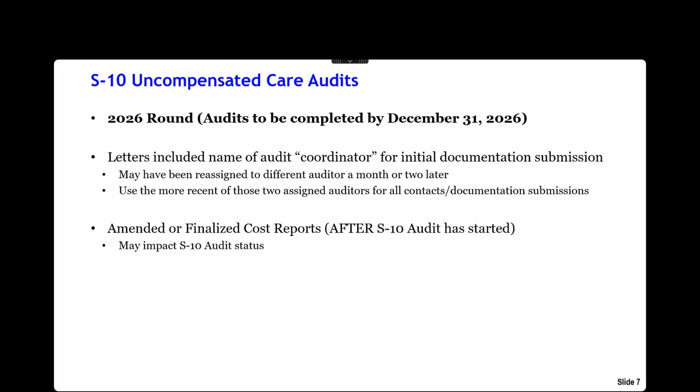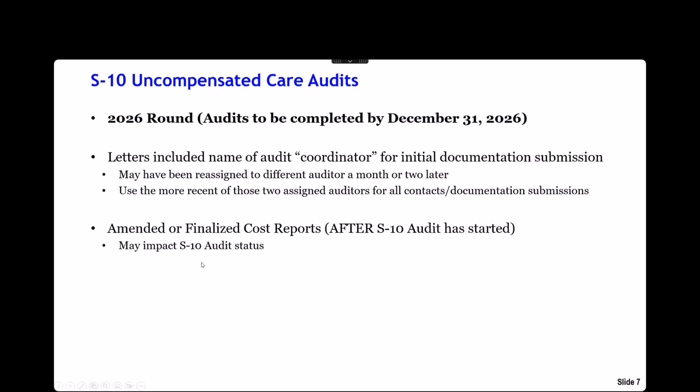CMS has stressed that it's the DISH eligibility that drives everything. If you're not eligible for DISH, or if the provider terminates completely, then there's no future impact from this rate, so we will terminate the S10 audit at that point once we find out about it. So that's just a little somewhat new information.